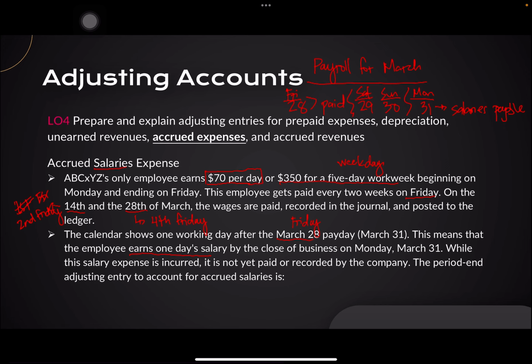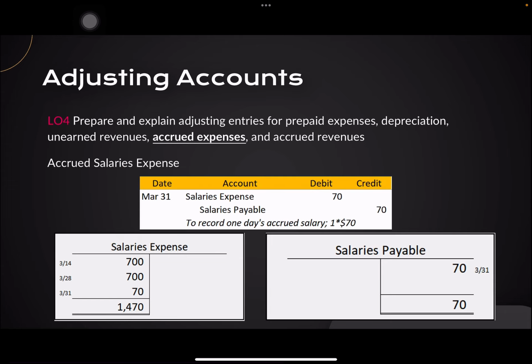Okay? So what we need to do simply is, for the month of March, right? Because we haven't paid yet the March 31 salary, we need to record that accrued expense in the form of salaries expense, debit it because you increased your expense by $70.